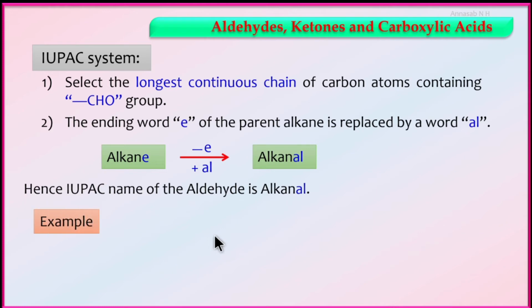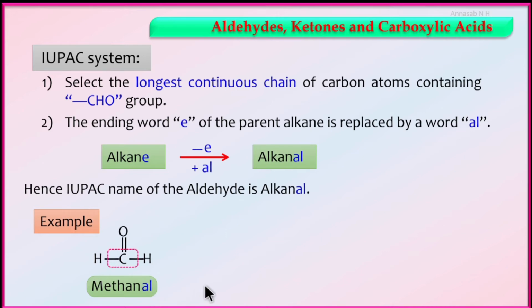Example, HCHO. As it contains only one carbon atom, the first member of the alkane series, that is methane. As there is a C double bond O group and also a hydrogen atom directly linked to the carbon atom of the carbonyl group, the ending e of the alkane is replaced by al.